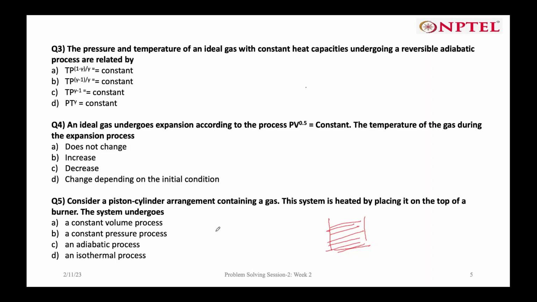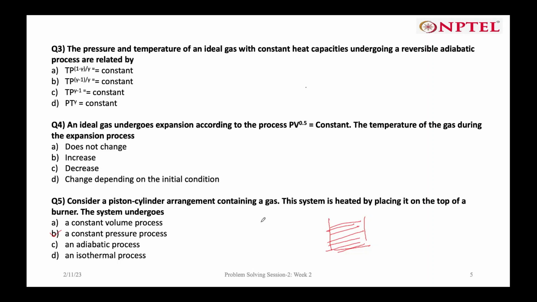I think, sir, B is right. Yeah, right. A constant pressure. Generally, upon heating, the piston rises to a higher position, and the pressure remains constant for the open system.